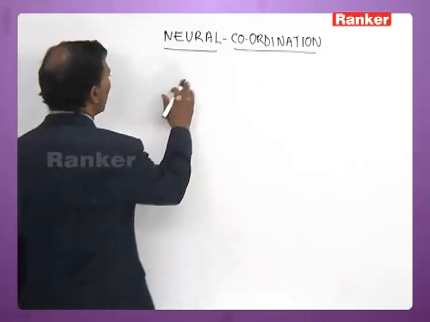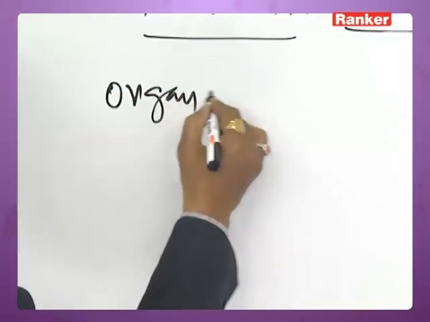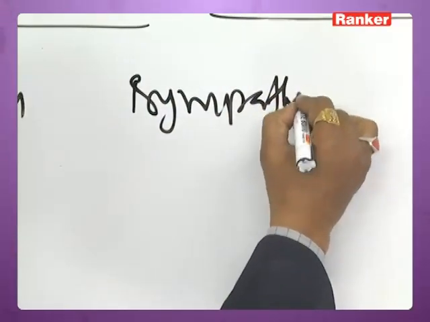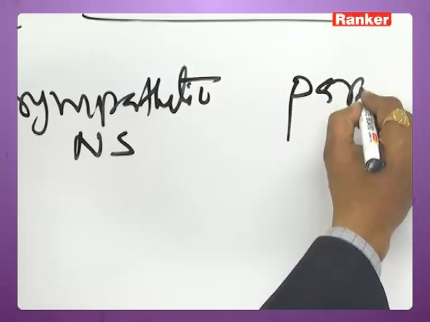Now to start with, I will make a tabular form. The organ influenced, sympathetic system, parasympathetic system.